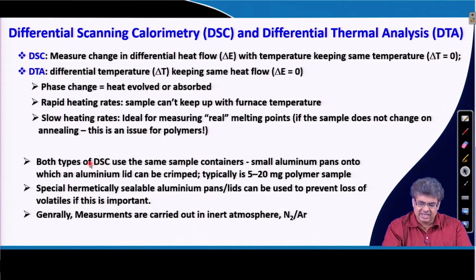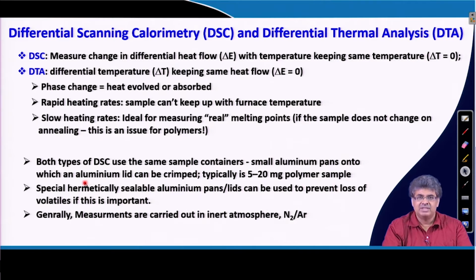For both these types, DSC or DTA, generally the same sample container is used: small aluminum pans on which an aluminum lid can be crimped, so that nothing goes out during the measurement process, and typically 5 to 20 milligram polymer samples are used.